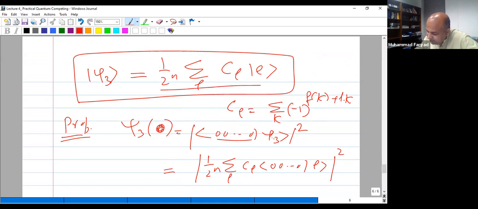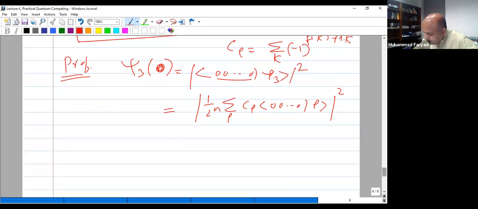I just multiply this state with 0, 0, 0 from the left. Now this l covers all states: first 0, 0, 0, then 0, 0, 1, then 0, 1, 0, and so on. So this inner product is non-zero only when l is 0. When l is 0, the sum goes away, and we have c_0, and this inner product will be 1.